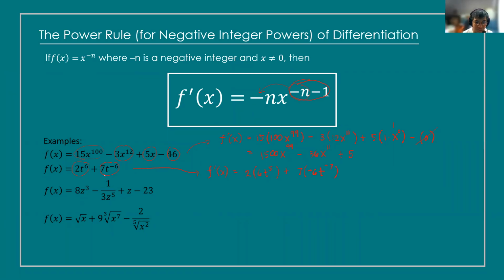Take note that this is a different value compared with a positive power. 6 became 5, but for the negative value, negative 6 minus 1 gives us negative 7. So the final answer for this one would be 12t to the power of 5, plus and then minus gives us minus 42t to the power of negative 7.